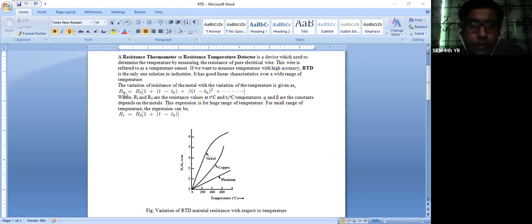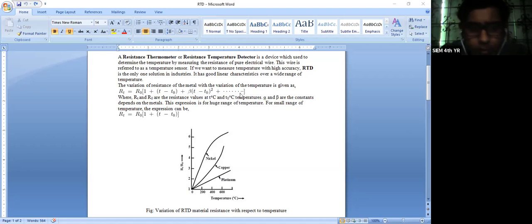Next, by this equation, you can see the variation of resistance of metal with the variation of temperature. With the help of this equation, you can see the basic relationship between the change in resistance and the change in temperature. On the left hand side, you can see one resistance value, R_t, which equals R_0 times the bracket 1 plus alpha (t minus t0) plus beta (t minus t0) whole squared plus dot dot dot, and so on.